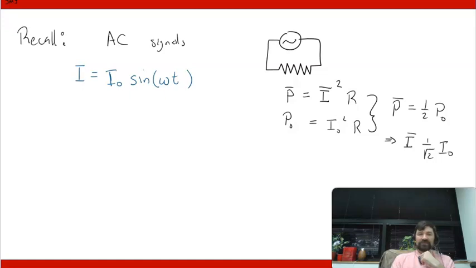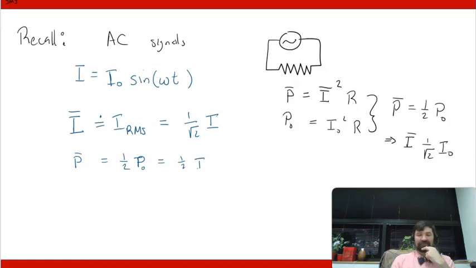And so that was the root mean squared value. So I average represented I root mean squared, which was 1/√2 times I naught. Whereas the power average is 1/2 of maximum power. So that was 1/2 of I naught squared R.